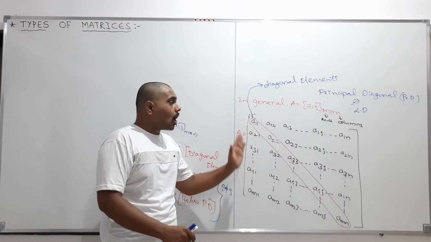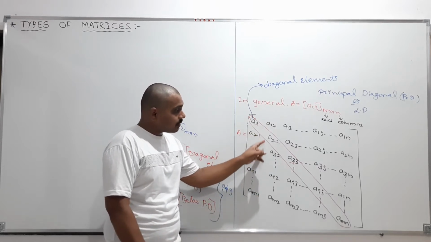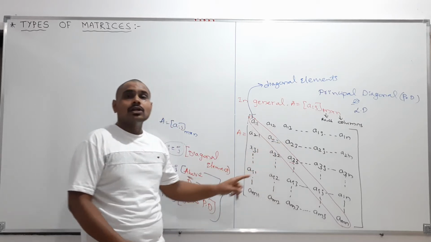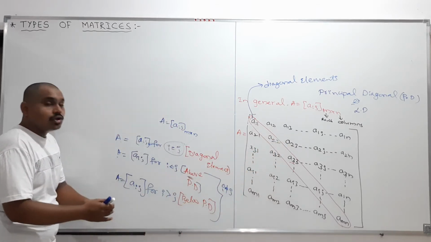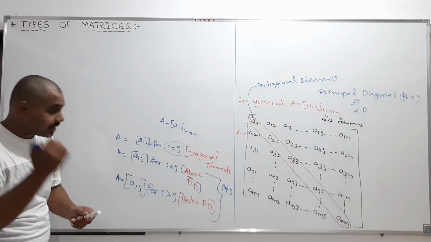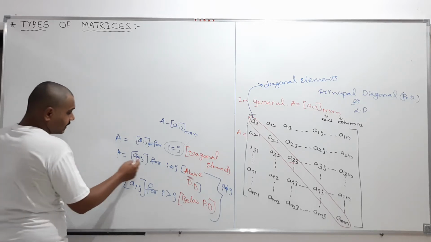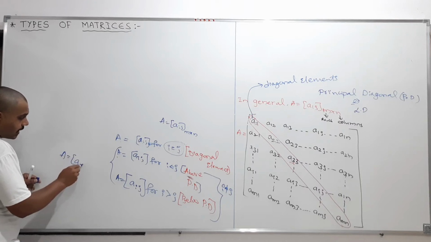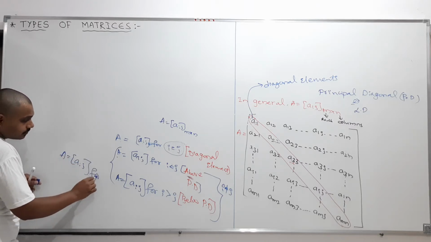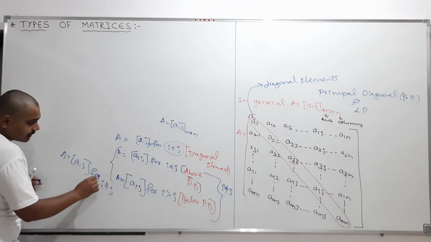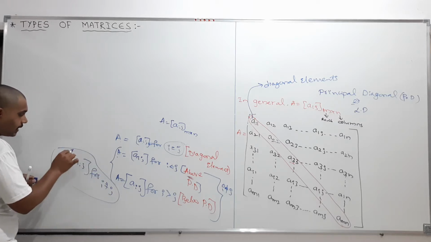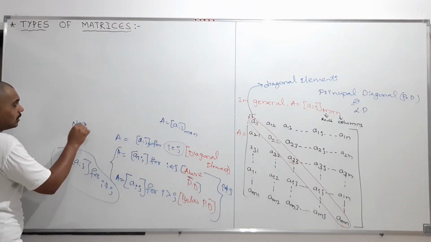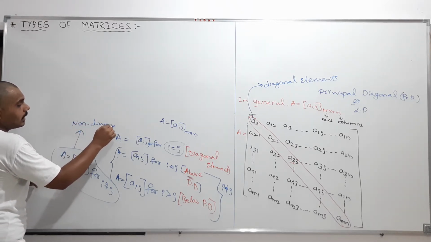So all elements which lie above the diagonal and below the diagonal, all those elements we can call non diagonal elements. So my dear students, if I merge these two and write in general a is equals to aij for i not equals to j, you should understand that these are the elements which are non diagonal elements.